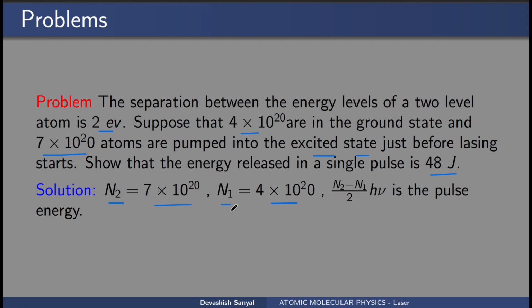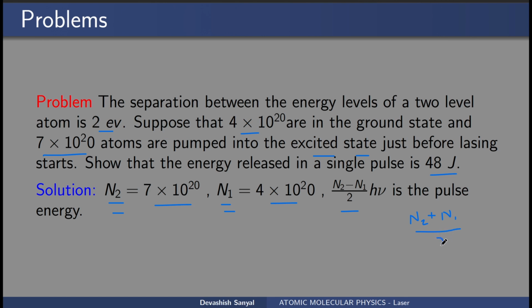That is, the population of n1 will increase by (n2 minus n1) by 2, and the population of n2 will decrease by (n2 minus n1) by 2, and then both will have the same population, (n2 plus n1) by 2.